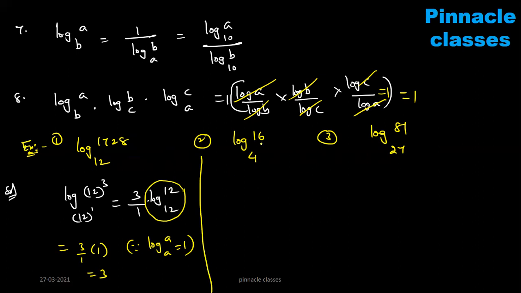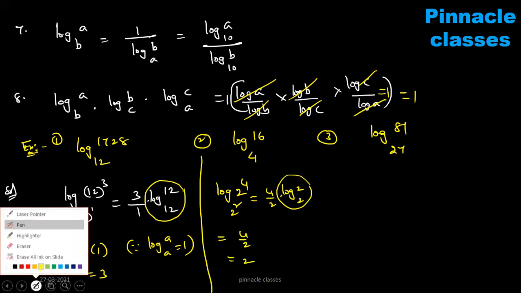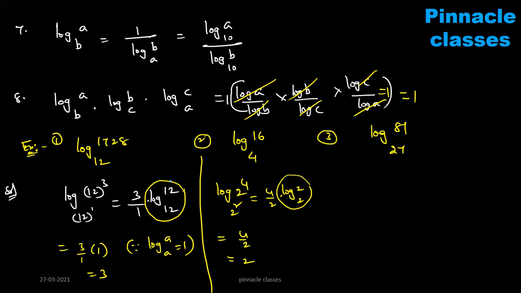Come to this case. 16, how to write? 2 power 4 to the base 2 square. How to write? 4 by 2 into log 2 to the base 2. 4 by 2 is how much? 2. Because this value is 1. That is the meaning.